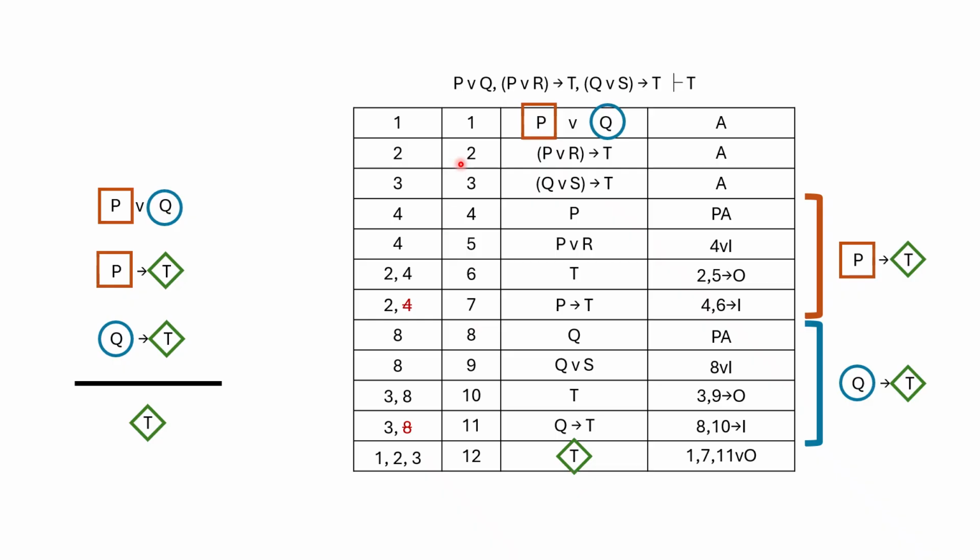So line 1 is where our wedge statement's at, and then line 7 is where the first conditional is at, and then we need to cite line 11, which is where our second conditional is at. And once you get all three of those pieces, you can do wedge out. And as you can see with our conclusion here, we don't have any of the PA numbers in our assumptions numbers. So that's how you do this problem.